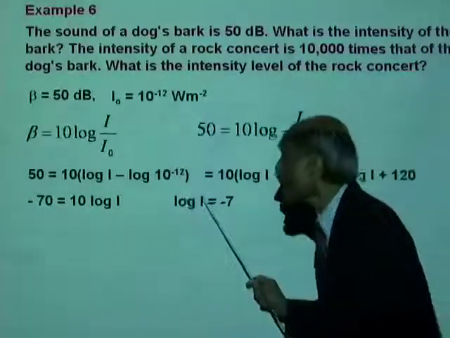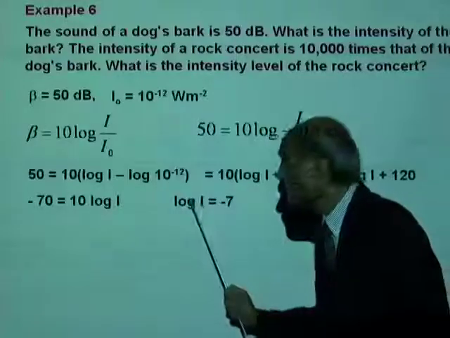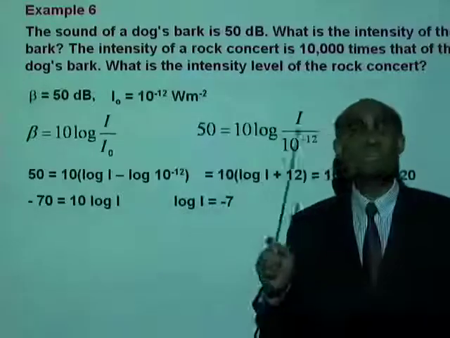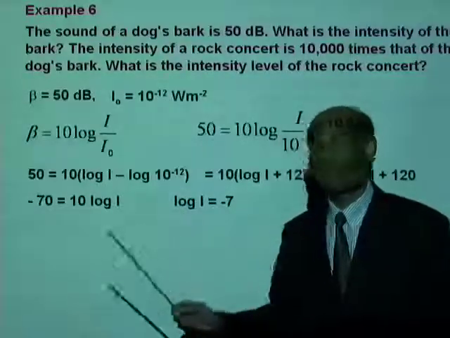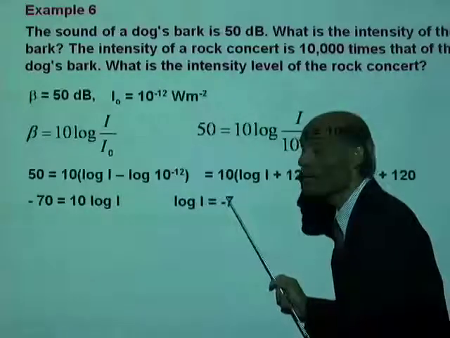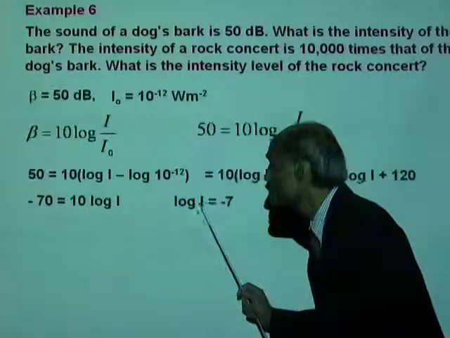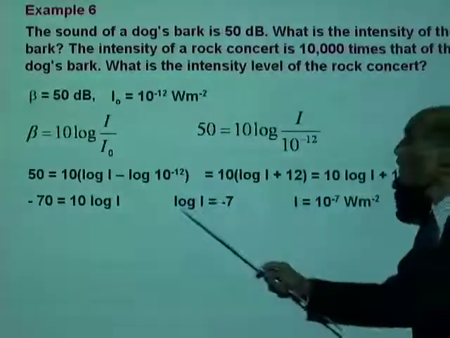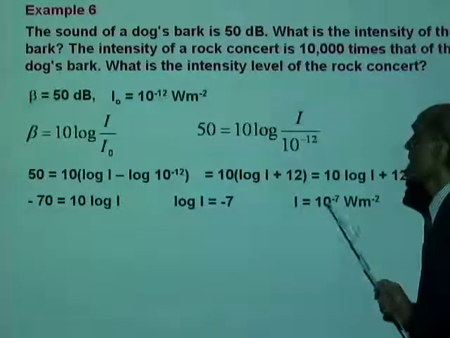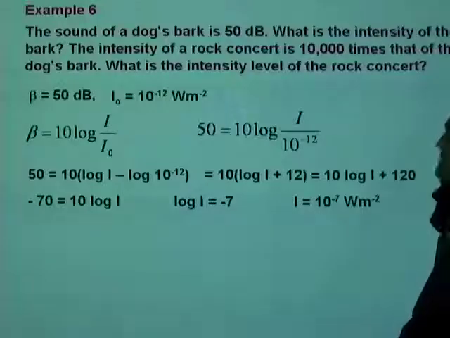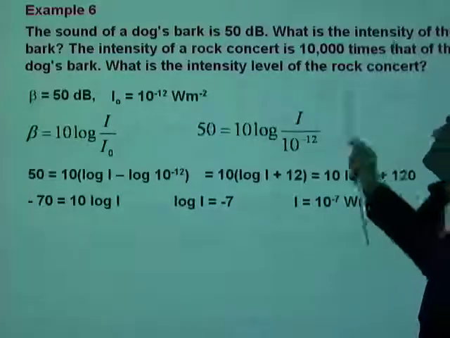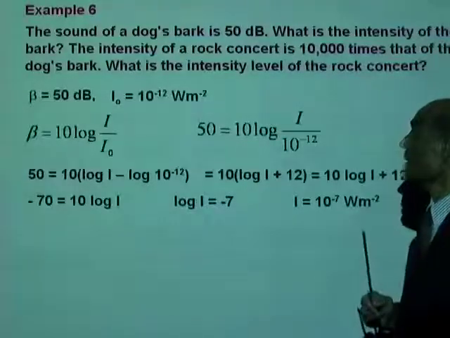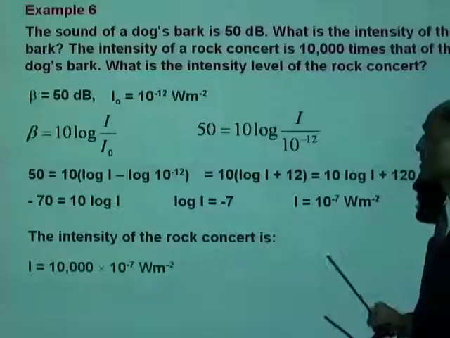Okay. If log I equal to negative 7, remember, when you write log, the base of this is 10. If the base is e, it will be ln. So log I equal to negative 7 means I equal to 10 raised to the power of negative 7. You should know that. That means the intensity of the dog's bark is 10 to the power of negative 7 watt per square meter.